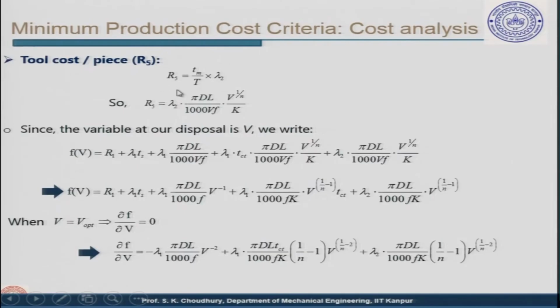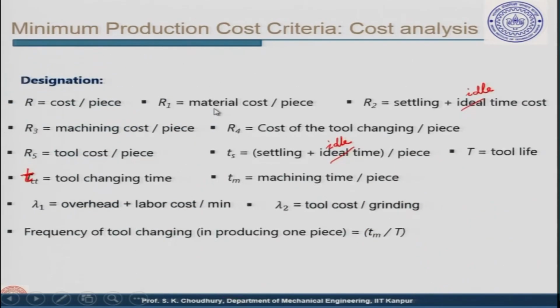So, let us assume that another operator is actually giving the tool and you are changing it. You are changing it these many times, and each time you are paying lambda 2. So, T m by T is the frequency of tool changing, for which you are paying the tool cost, and lambda 2 is the tool cost per grinding.